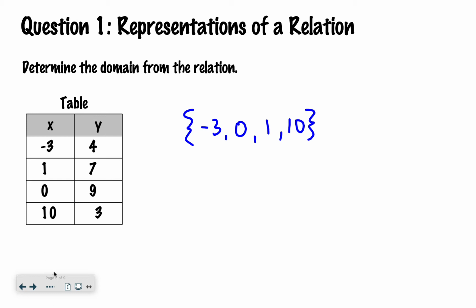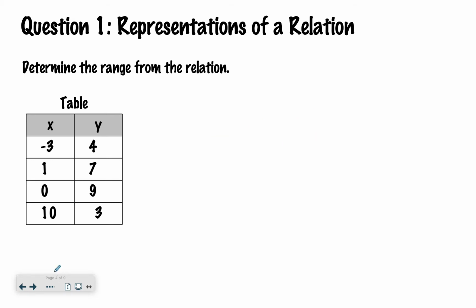Then let's move on to the next question, where I want you to list the range from the relation. Good luck. Okay, for the range, hopefully you said it was 3, 4, 7, and 9, and you said it in that order. If you have any questions about that problem or anything that we've covered so far in the video, please be sure to raise your hand and ask for some help. I am happy to help you.